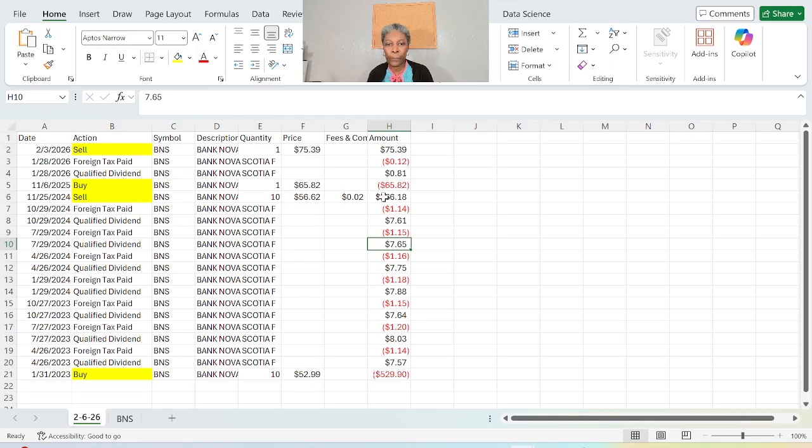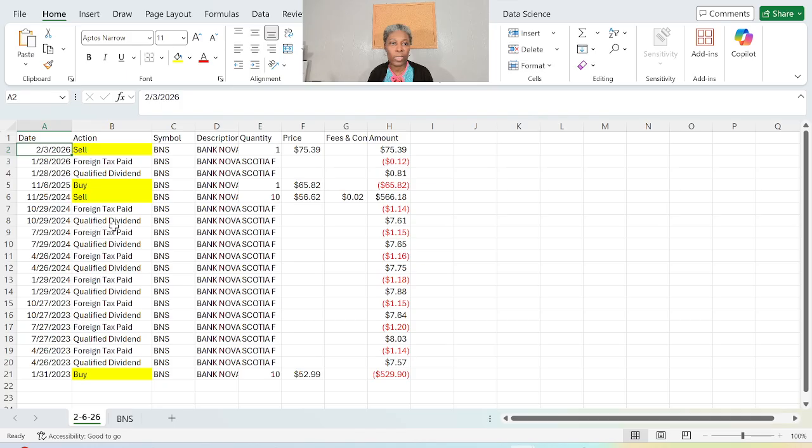So you can see it's like $3 per share profit for holding on to it for more than a year, close to 2 years, and we made $82.29 from this trade.